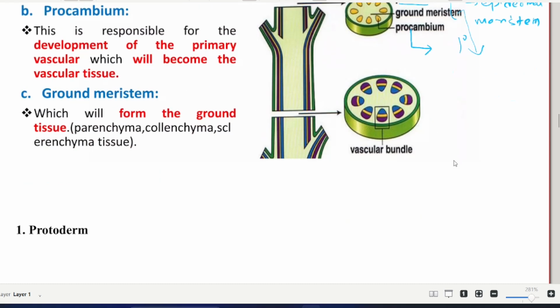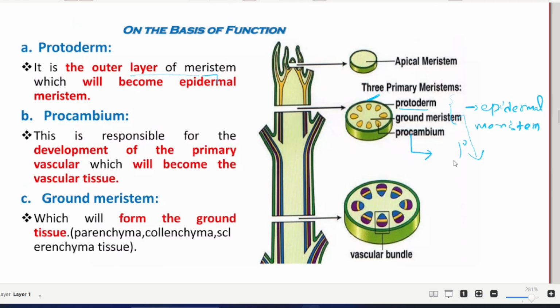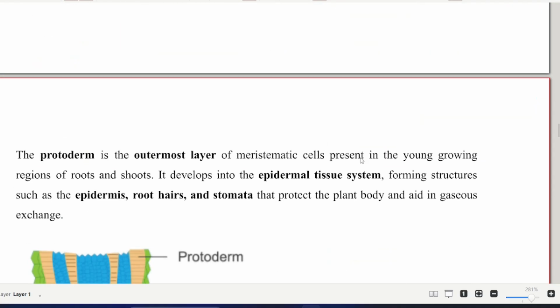These three are the primary meristems. Now, we'll explain each of them in detail.